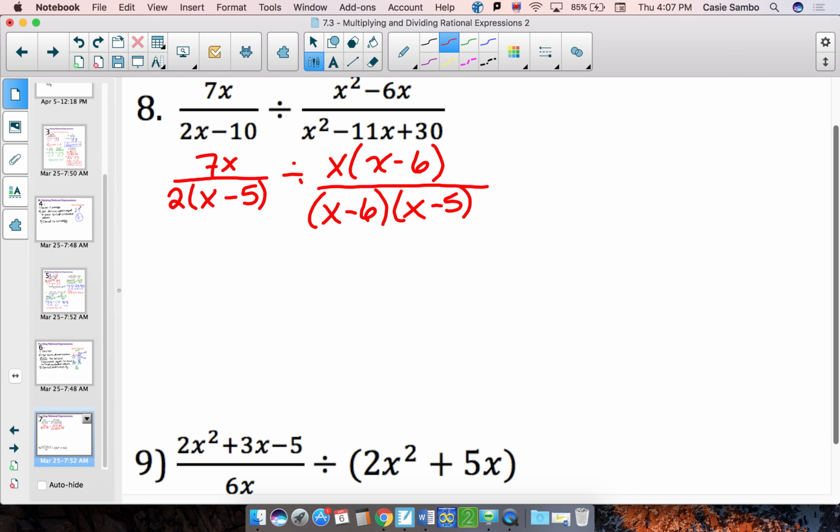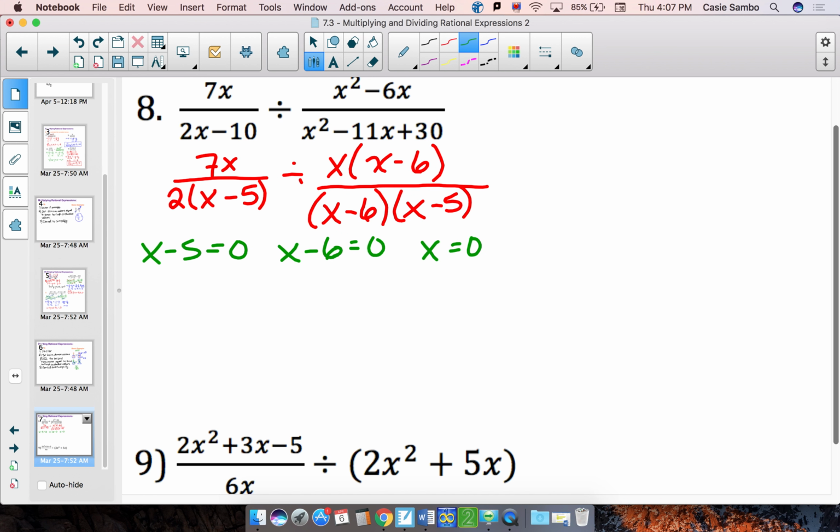Now I need to find all of my excluded values. So 2, I'm not going to set equal to 0 because 2 will never equal 0, so that just doesn't work for us. That's not going to prevent anything. But I need to set my x minus 5 equal to 0, x minus 6 equal to 0. I don't need to set x minus 5 equal to 0 twice. I also don't need to set x minus 6 equal to 0 twice. I do need to set that numerator in the second fraction, that x, equal to 0.